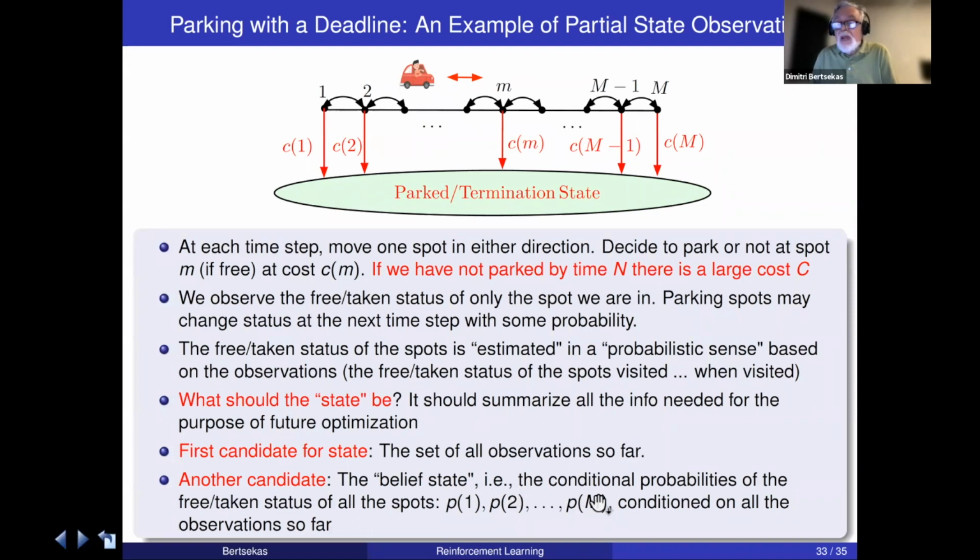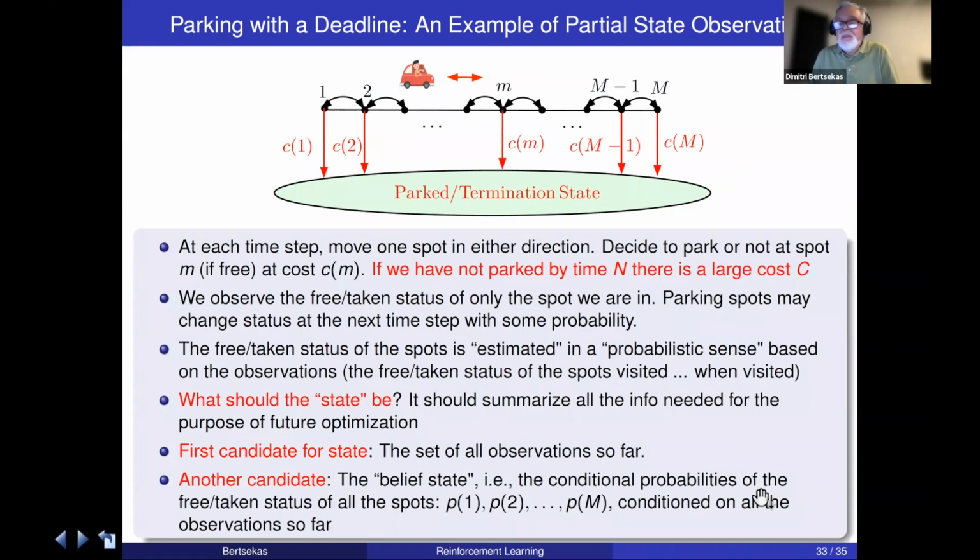So this is the belief state of the parking lot, conditioned on all the observations we have so far. And this is something that we can keep track of based on the observations, and it can serve as a state in a dynamic programming algorithm, an algorithm that is typical of these problems with partial state observation. And I'm going to give this algorithm in the next slide.